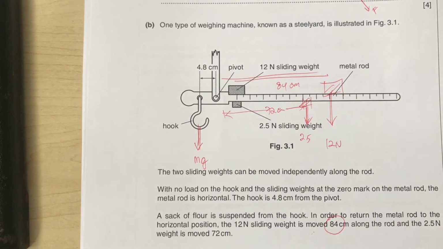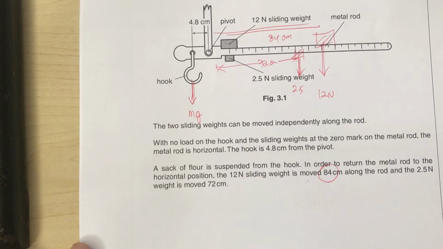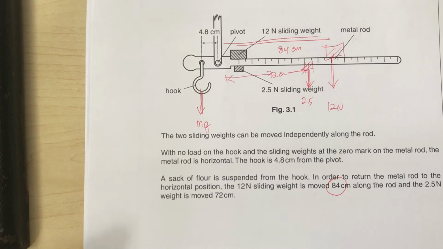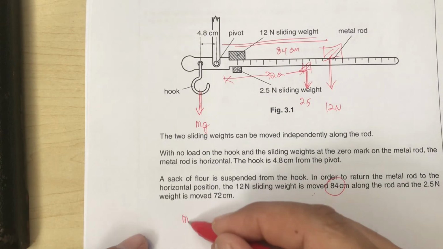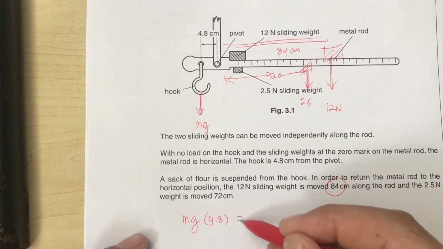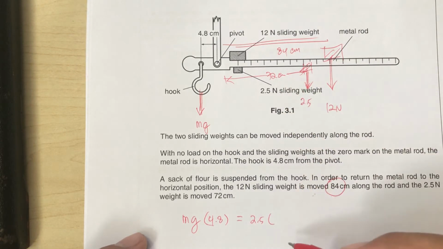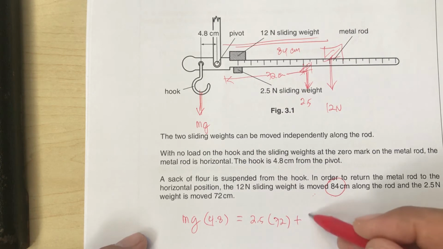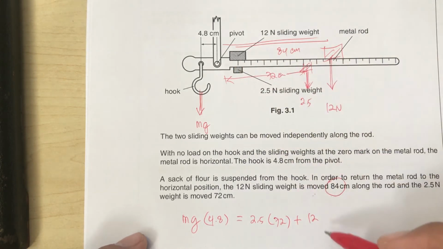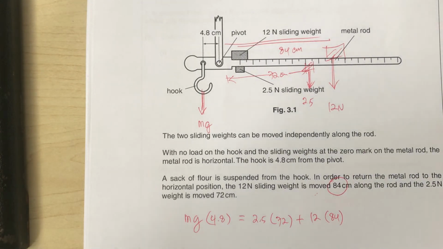So if we want to find the weight of the flour, let's say I want to calculate in this position. So we can say mg times 4.8 centimeters equals 2.5 times 72 plus 12 Newton times 84.